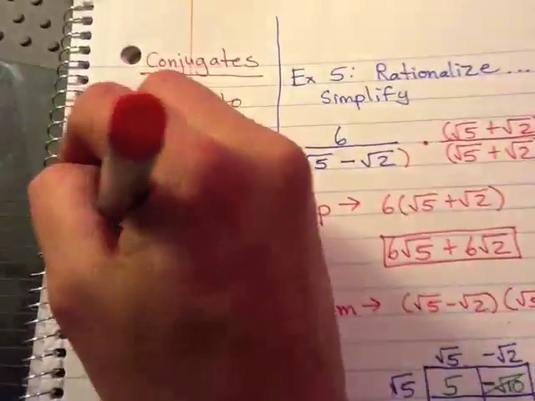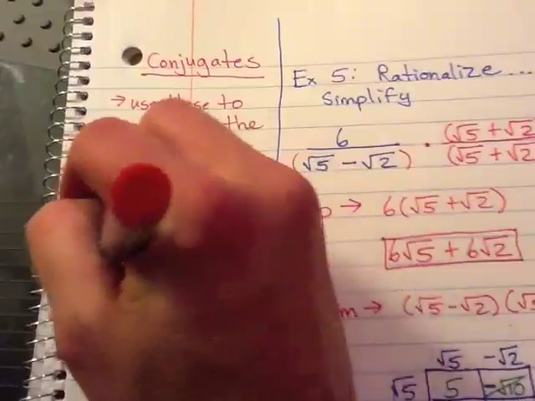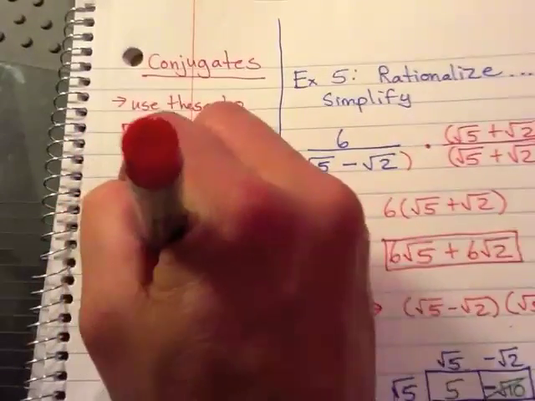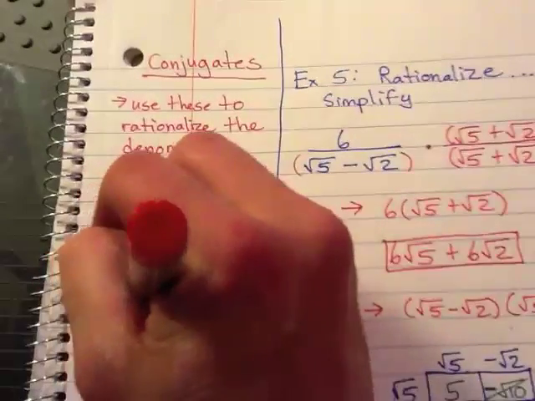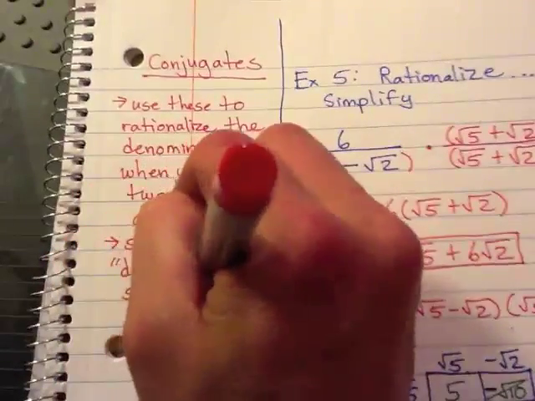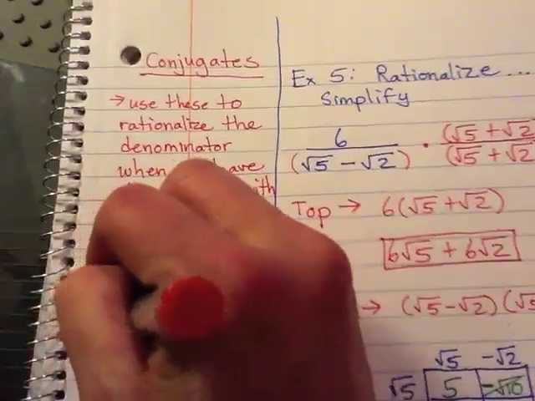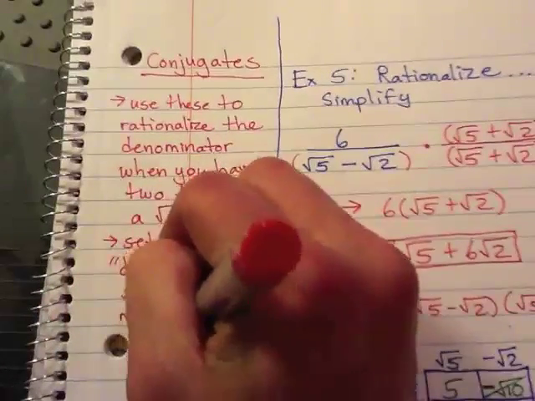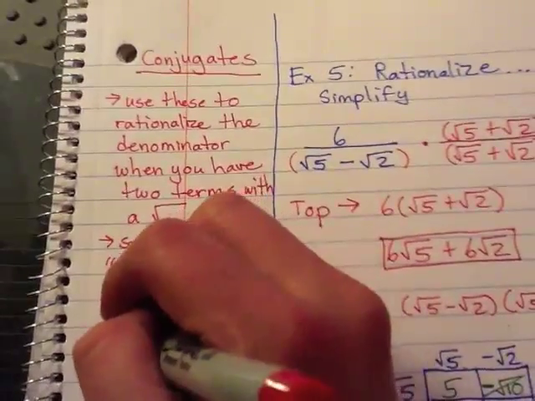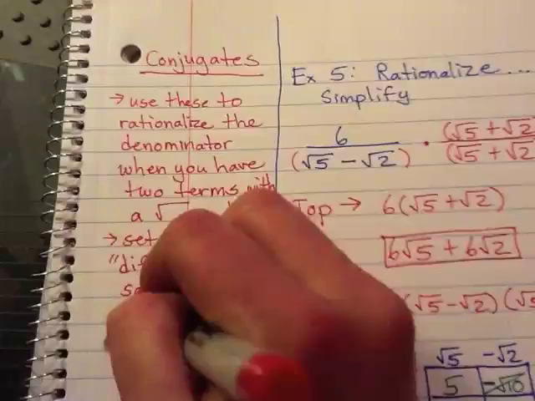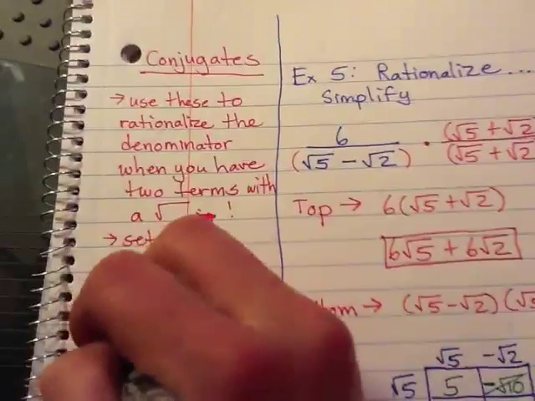And remember, we talked about you're going to set up a difference of squares, and then multiply the top and bottom of the fraction by it.